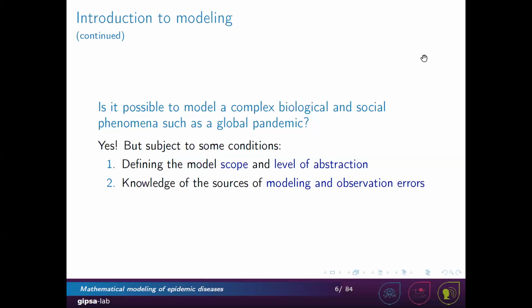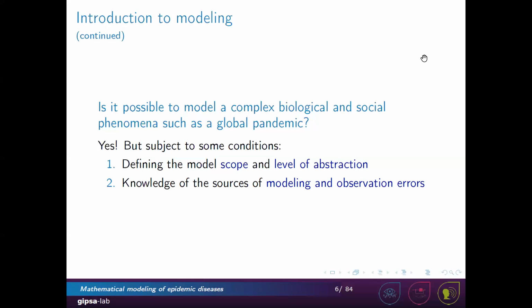The second condition is that we need to know the sources of error, either in the modeling or in the data that we are observing. And it is important to know that no model is perfect.